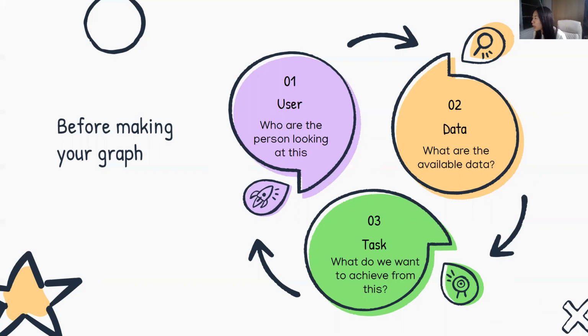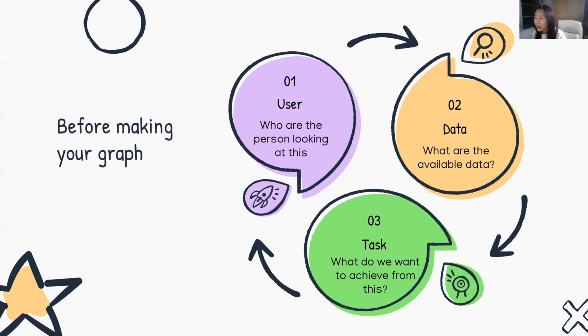Isn't data visualization all about how you present it instead of being fancy? Because to me, faster is better, and she is absolutely correct. In our class we actually care more about insight than how fancy you make your graph. Before making your graph, you're going to think about the user, task, and your data.